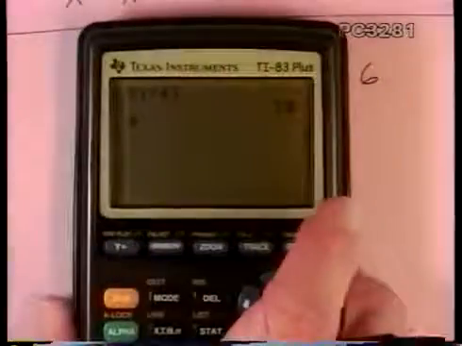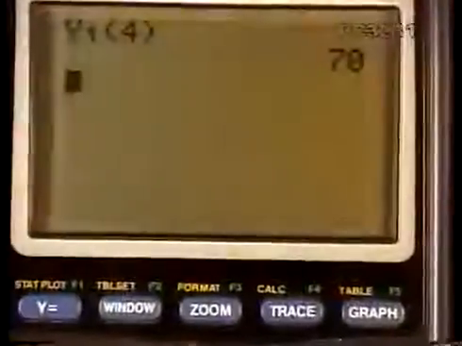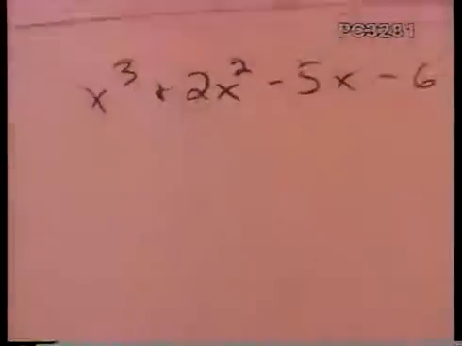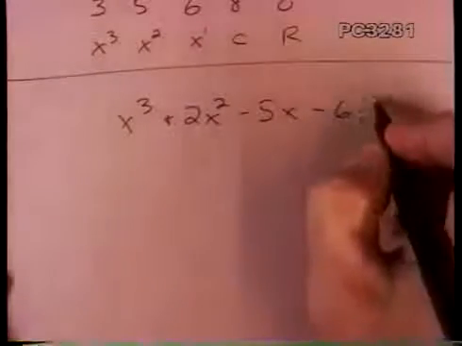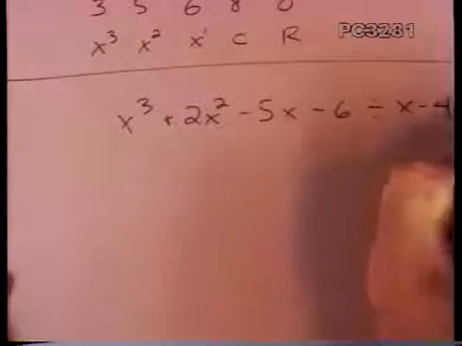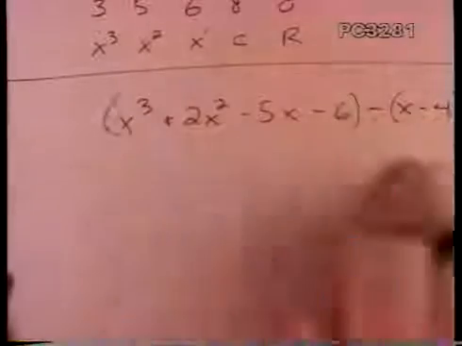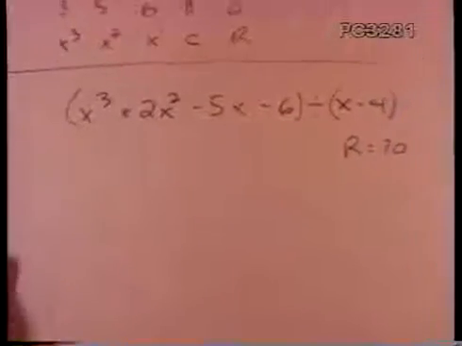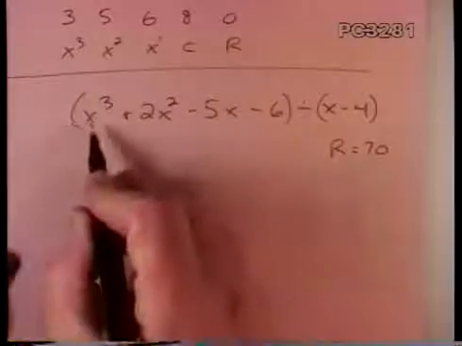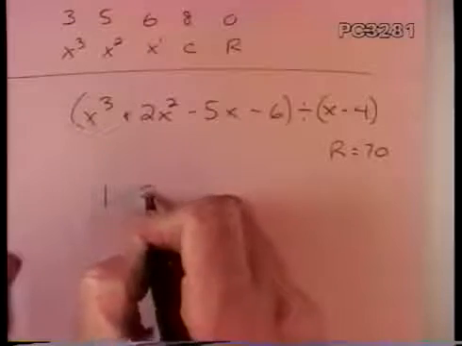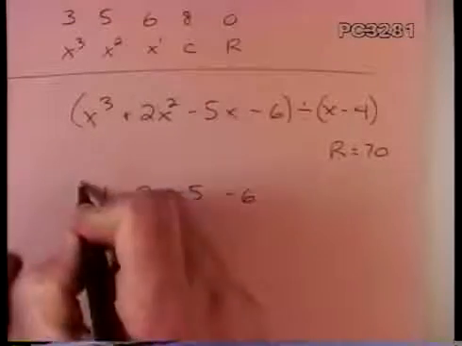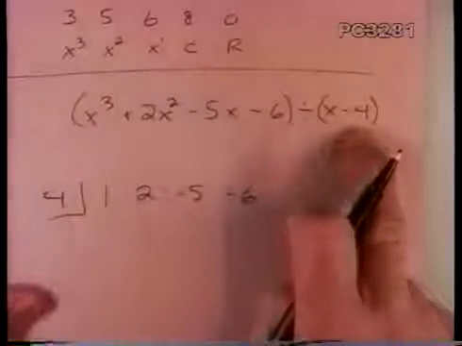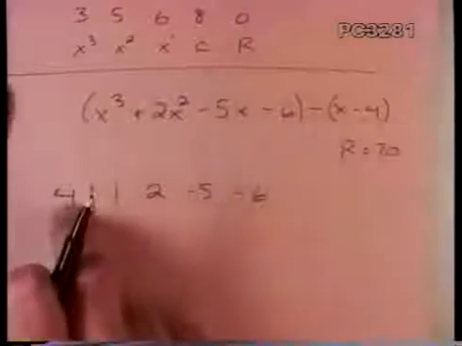What the remainder theorem tells us: I evaluated that polynomial for x equals 4, and I got 70. If I take this polynomial and I divide by x minus 4, I'm going to get a polynomial, but my remainder is going to equal 70. So let's just do that. You're going to have 1, 2, negative 5, negative 6. And we want to divide by, a is 4, because we're dividing by x minus 4.